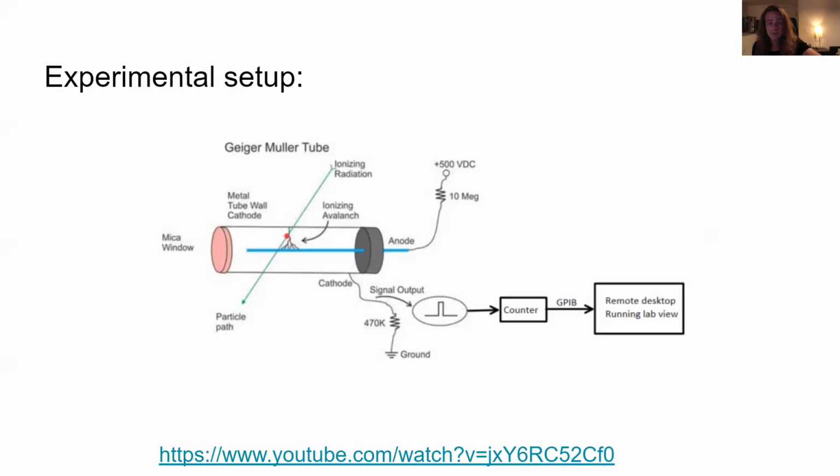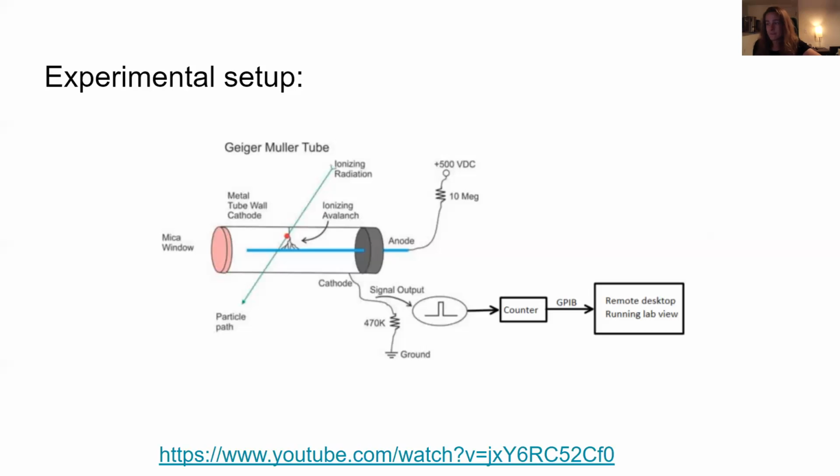And we can use a device such as a counter, or even if we wanted, a digital ohm reader of some sort, you can detect this current pulse. So that's essentially what occurs. Now we allow tons of particles to come through, and any software that we have hooked up to this device will be able to detect how many radioactive particles we're receiving in a given amount of time.